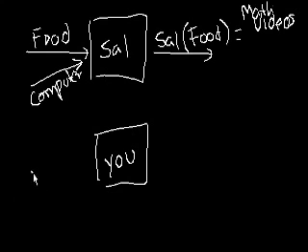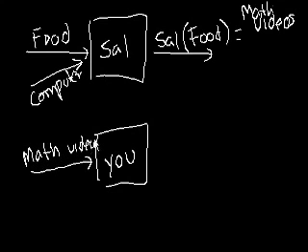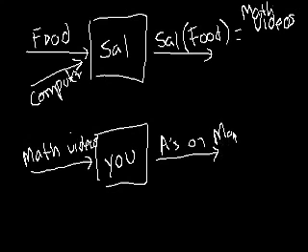And let's say if I were to input math videos into you, then you will produce, let's see, what would you produce? If I gave you math videos, you would produce A's on tests. A's on math tests, right? A's on your math test, hopefully. Hopefully you're not taking someone else's math test, right?